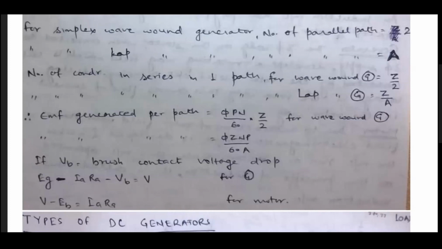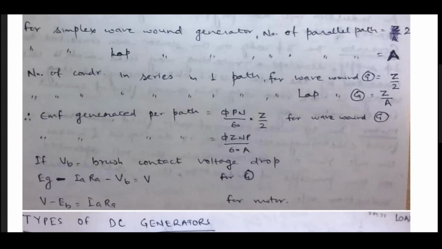The number of parallel paths in wave wound generators is 2, and in the lap wound generator, A is equal to P.